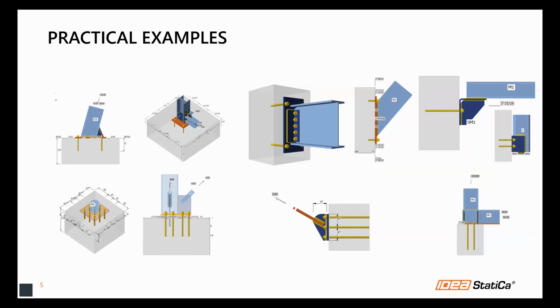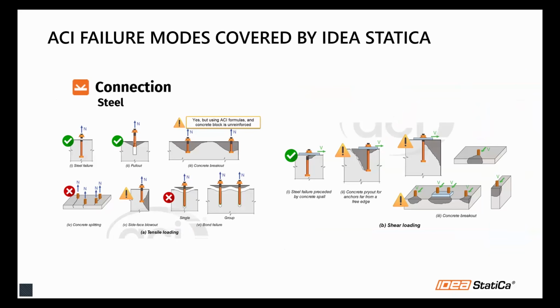Now if we look at the failure modes from ACI, specifically looking at a connection, rather, I'm sorry. We can see here from ACI there are different failure modes for different loading: tensile loading, shear loading. What you can notice is that the green checks are what is done within steel Connection.